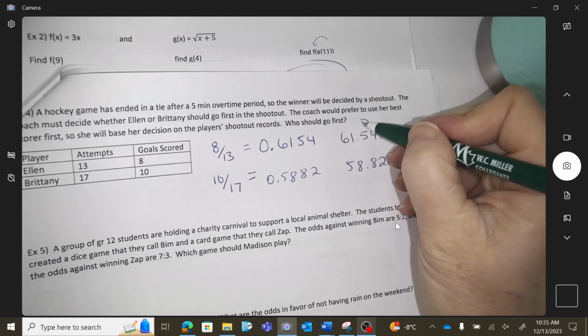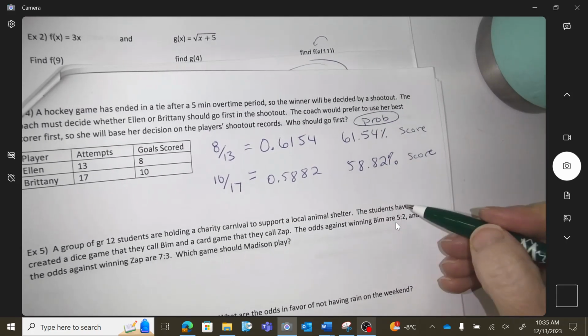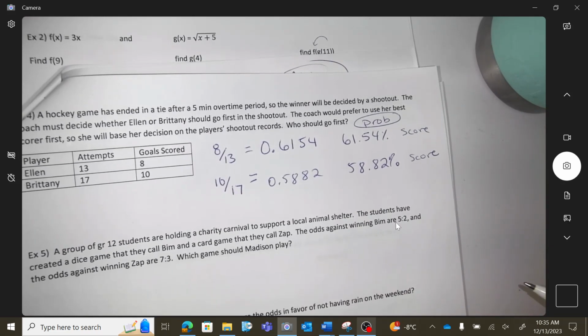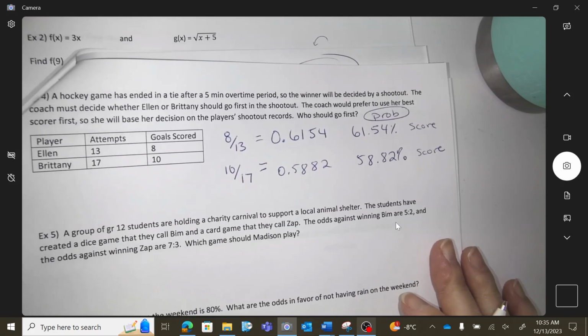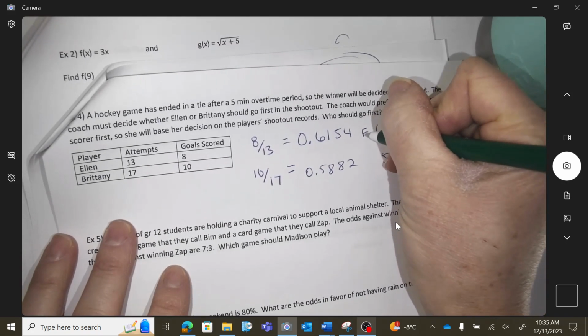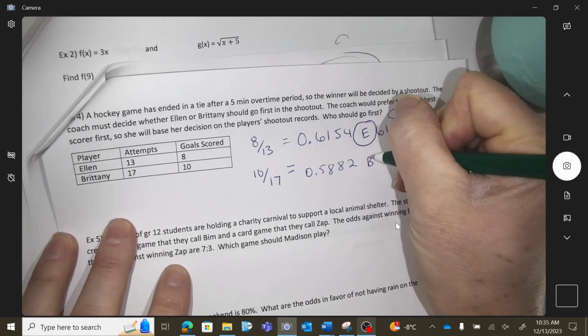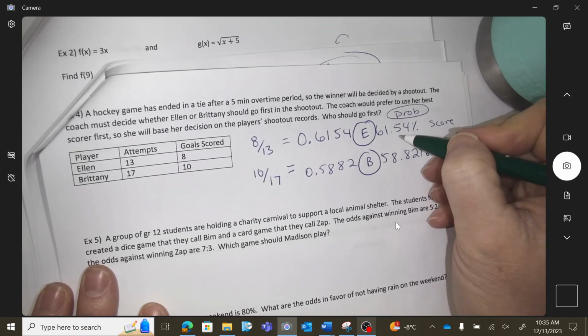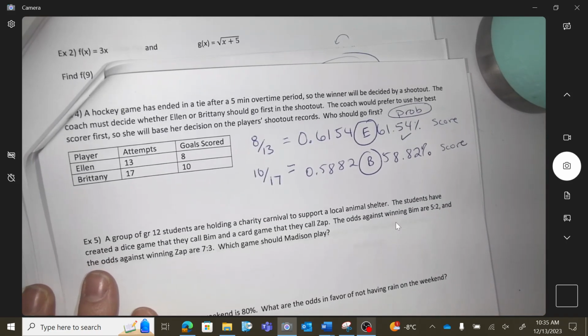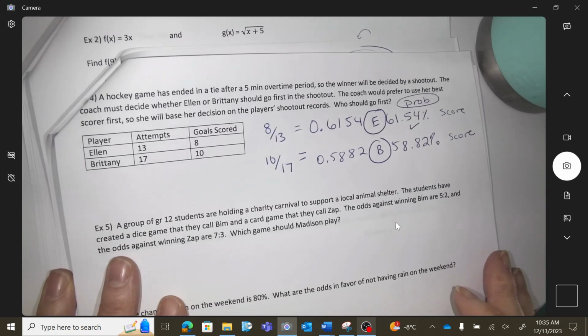So this would be a probability. So for me as a coach, I'm probably picking Ellen. So you can explain, I'm picking Ellen because she's got a better probability.